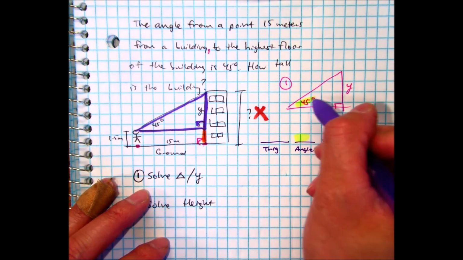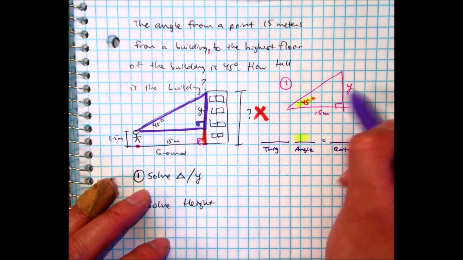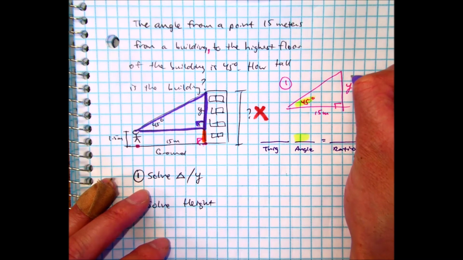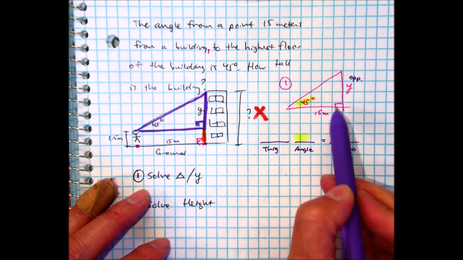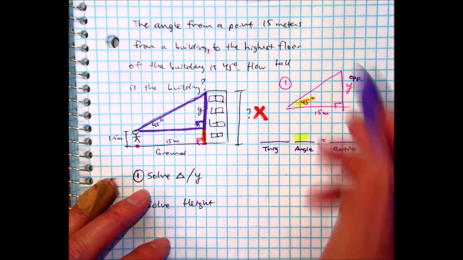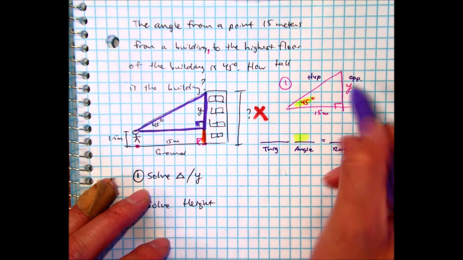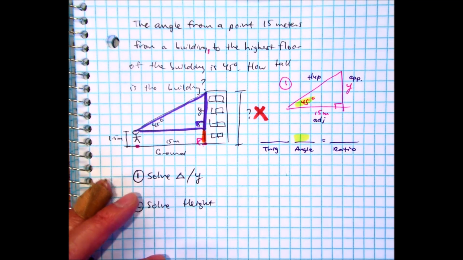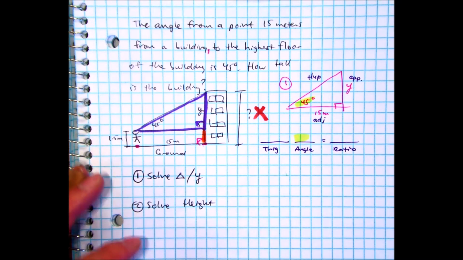Let's do this together. So class, from the 45-degree angle, if I label this, this side is what? Opposite. And then this one is the, and then this last one is the, partner B, whisper to partner A: which side do we not need, and which trig ratio can we not use?